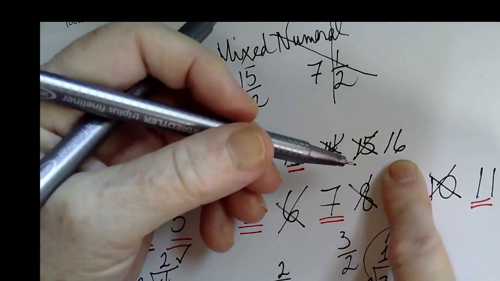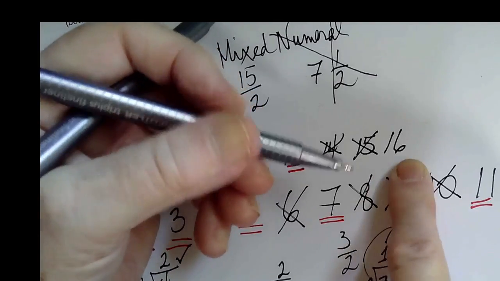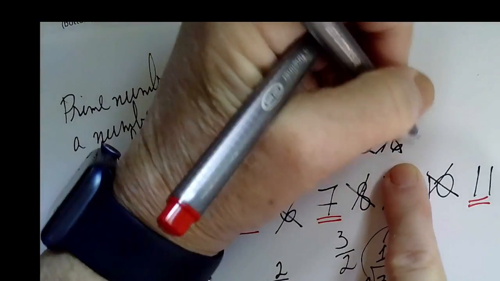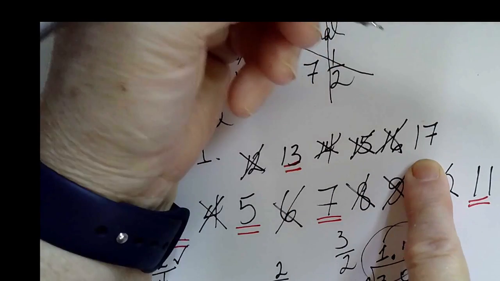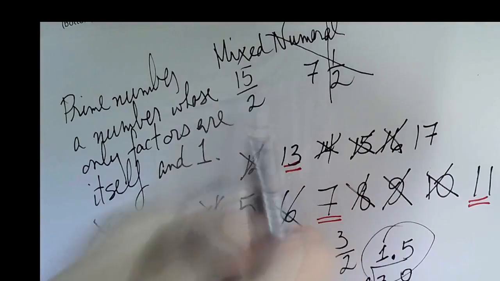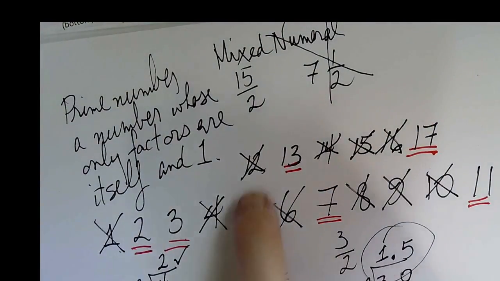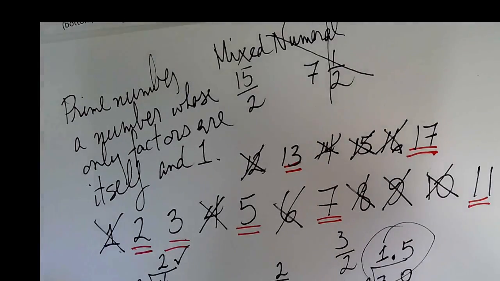We've got 2 times 8, 4 times 4, lots of ways. 17. Oh, hey, nothing goes evenly into 17, nothing before it. So 17 is a prime number.